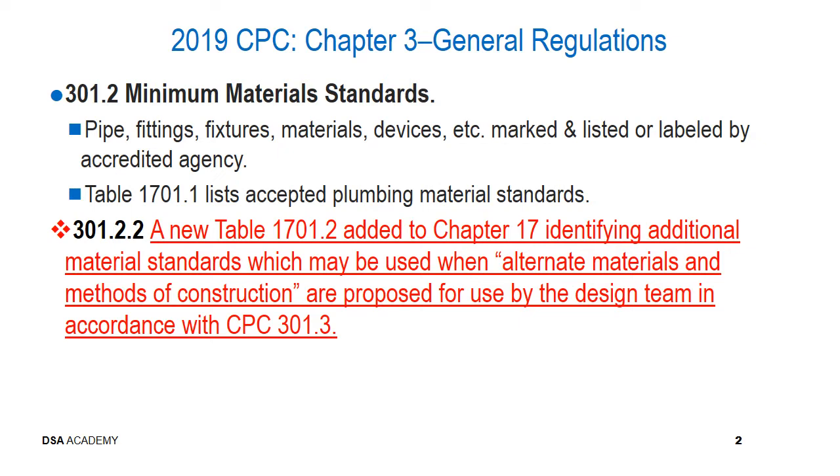This is tied in alignment with California Plumbing Code Section 301.3. So this new table just basically provides additional options for project designers for uses of alternate materials in projects.